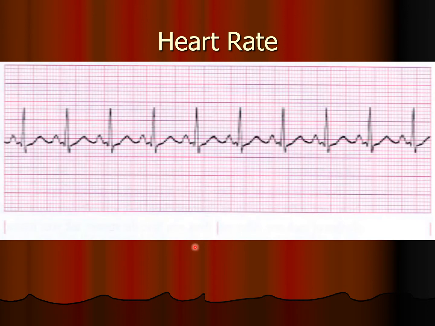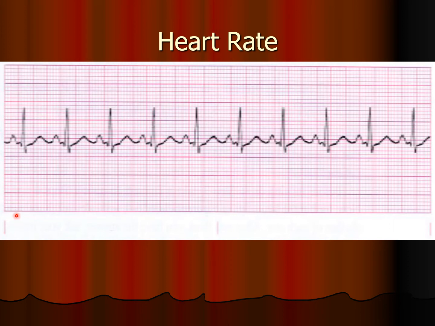All right. So let's figure out our heart rate. Okay. So let's figure out if we have a 6-second strip here. All right. Probably because we have these little doodads at the bottom. Sorry, my mouse finger is getting cold. I'm in an air-conditioned room. Okay, so we have a 6-second strip here.